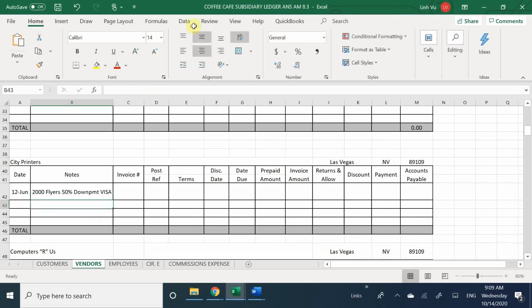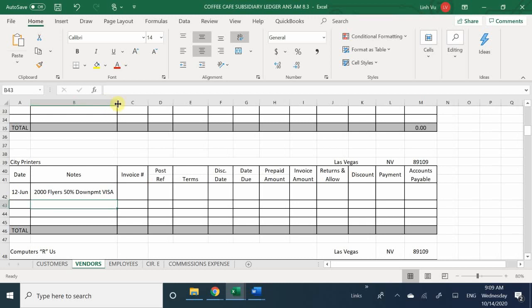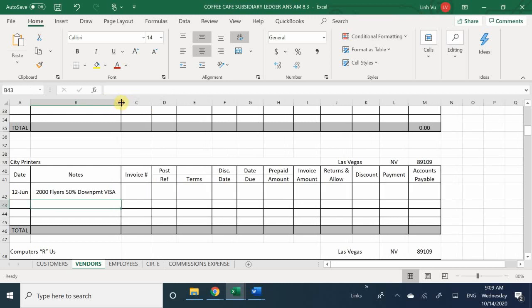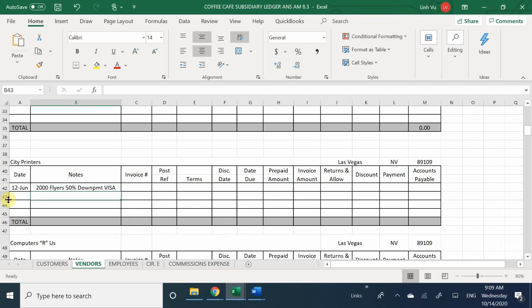We don't have an invoice or a purchase order per se, so we're going to ignore that. We're not given any terms. Post reference is going to be General Journal number 4.